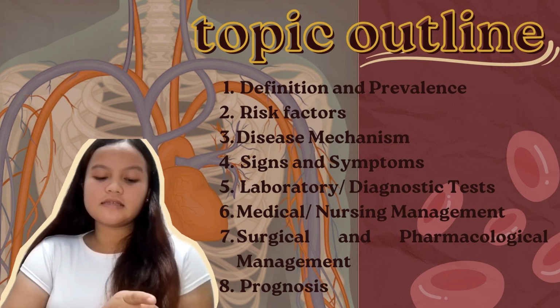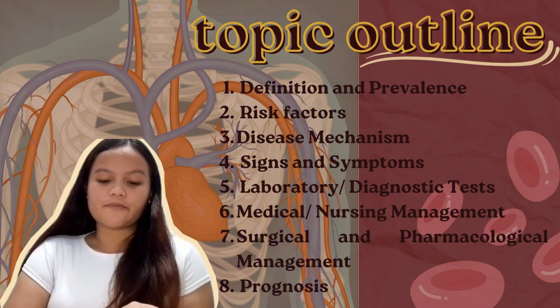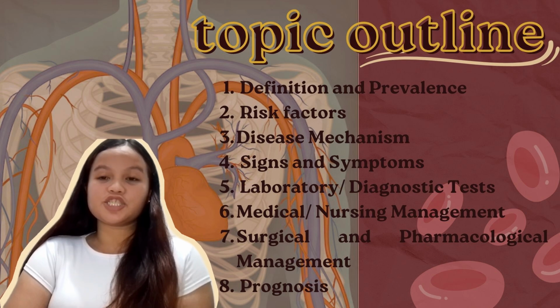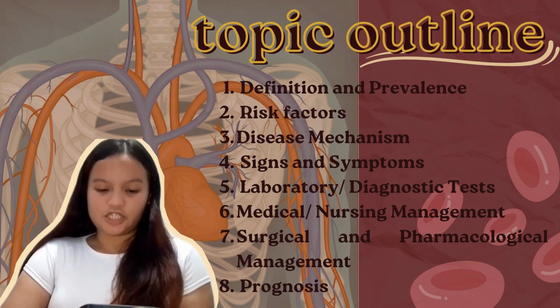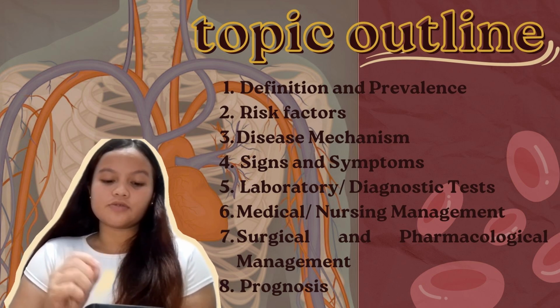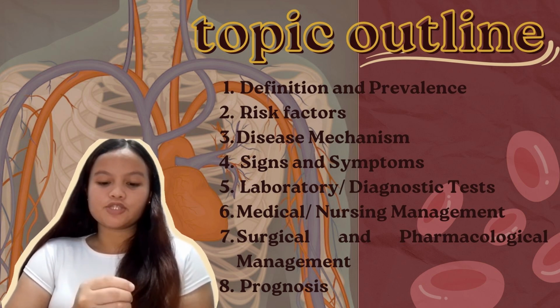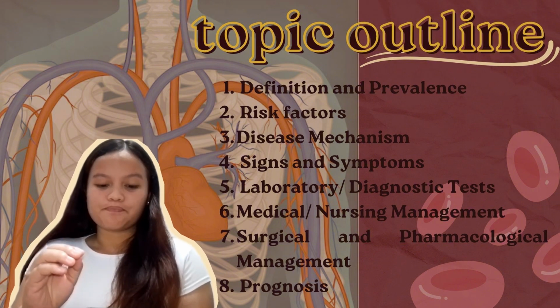And then in the disease mechanism or the pathophysiology, it explains the physiological or pathological processes behind ischemic cardiomyopathy. And then the signs and symptoms describes the clinical presentation such as fatigue, shortness of breath, and etc., and the other indicators that help in recognizing the condition. And then in the laboratory and diagnostic tests, it is the outline of the tests and procedures used to diagnose this ischemic cardiomyopathy.